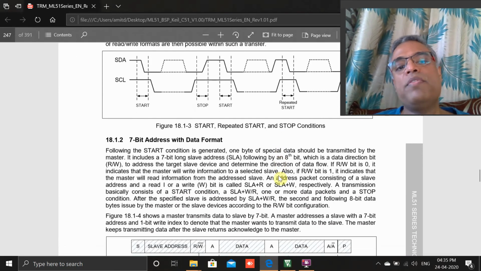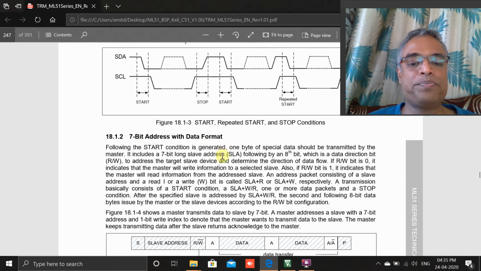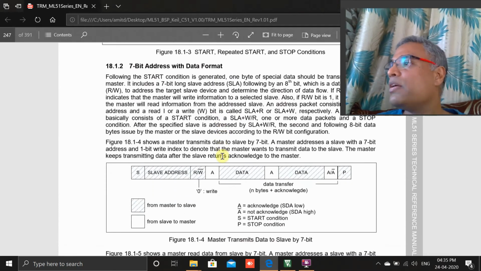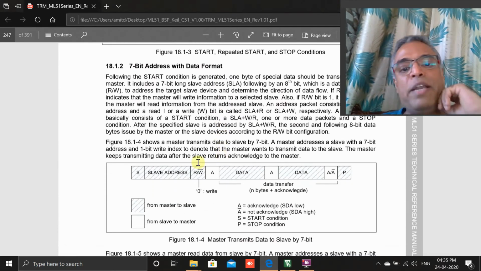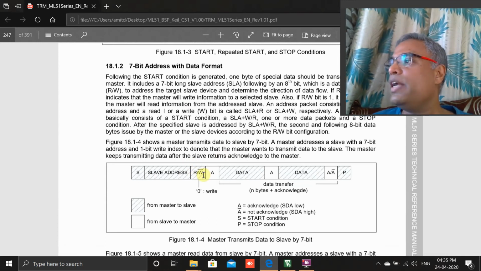Then the ML51 supports 7-bit addressing for the I2C bus. Okay, so the read-write bit, here we have the read and the write bit. The read-write bit determines whether the transfer is a read or write.